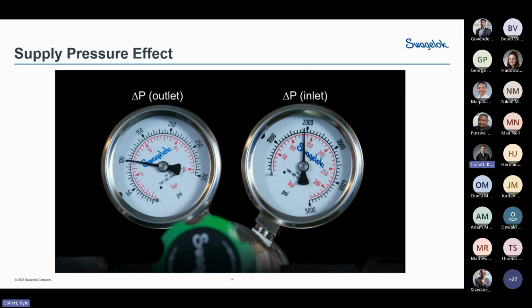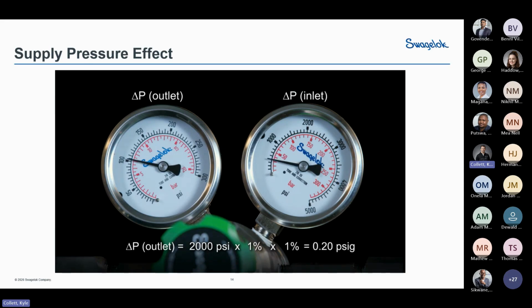Assume that each regulator has a 1% SPE. With a 137 bar or 2000 psig inlet pressure drop, the first stage regulator will experience a 1.3 bar or 20 psig increase in outlet pressure. As a result of that increase, the second stage regulator will experience a 0.01 bar or 0.20 psig decrease in outlet pressure.